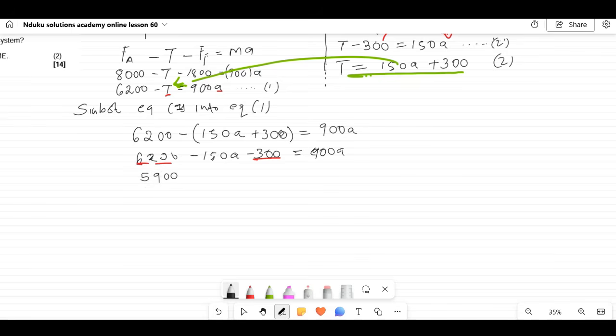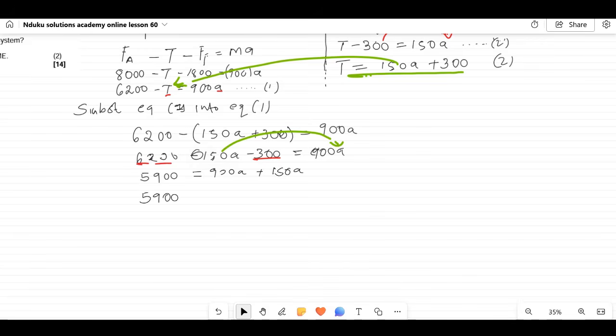And then we transpose this to come this side. And it will then give us 900a and then plus 150a, because the sign will change. Good. So if you add them, they will give us 1050a.